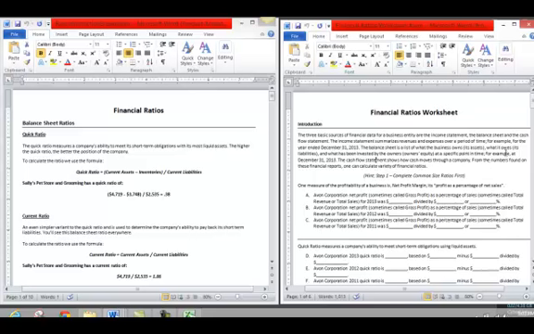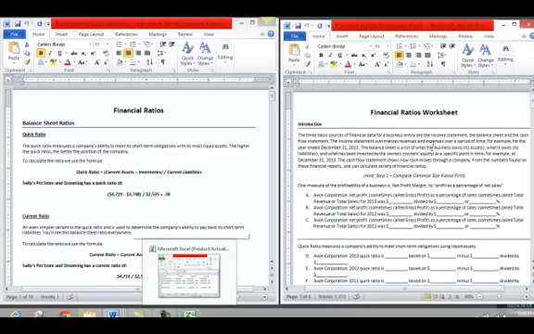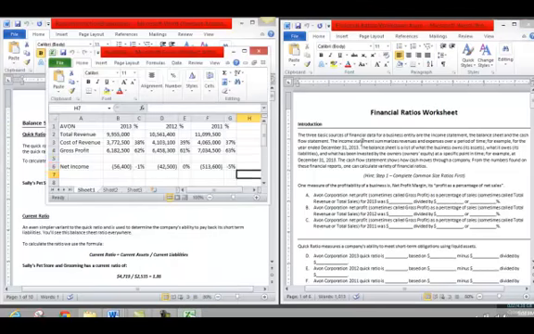This first step requires one additional piece, that you determine the common size ratios. What common size ratios are is when you divide various numbers by a common number.